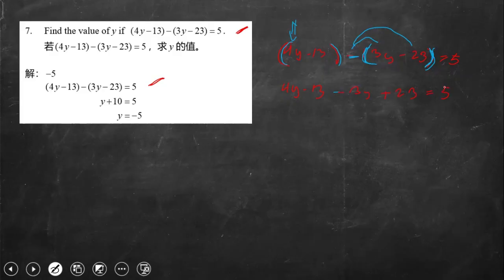So 4y minus 3y is gonna be y, and then minus 13 plus 23 is gonna be plus 10. That's how we have this equation here. And just transposing 10 to the other side, minus 10, you have y equals negative 5.